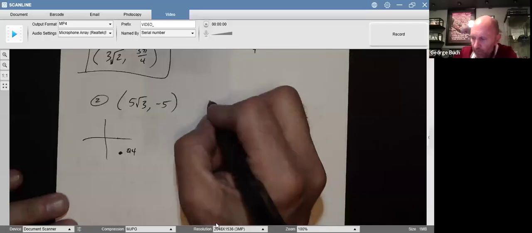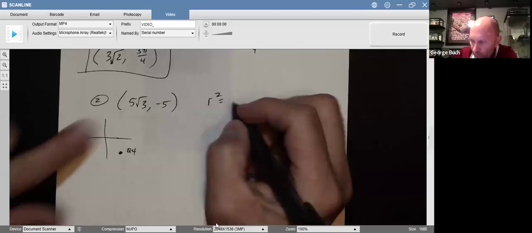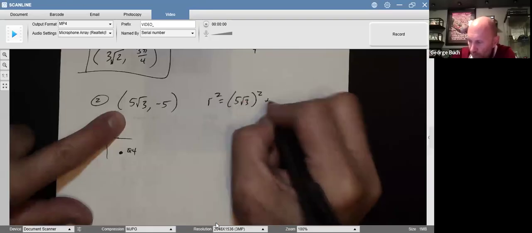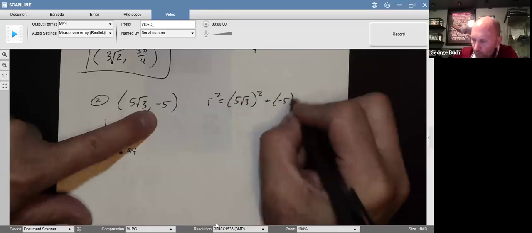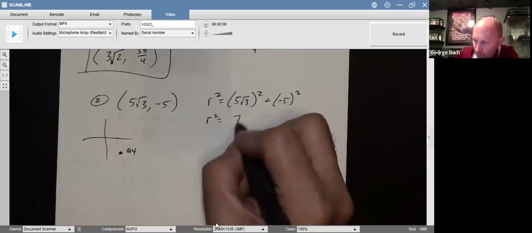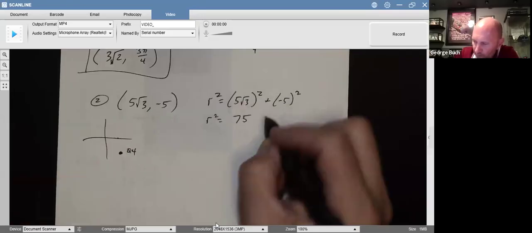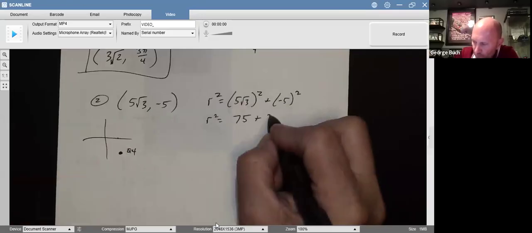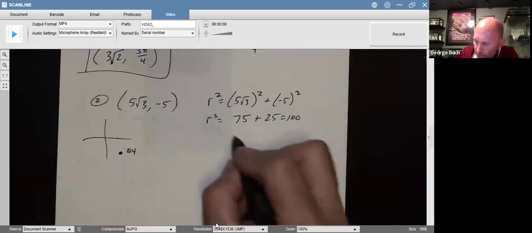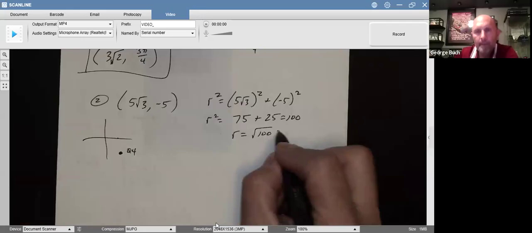R squared is x squared, 5 root 3 squared, plus y squared, -5 squared. So r squared, 25 times 3 is 75, plus -5 squared is 25, which is 100. So therefore, r is square root of 100, which of course is 10.